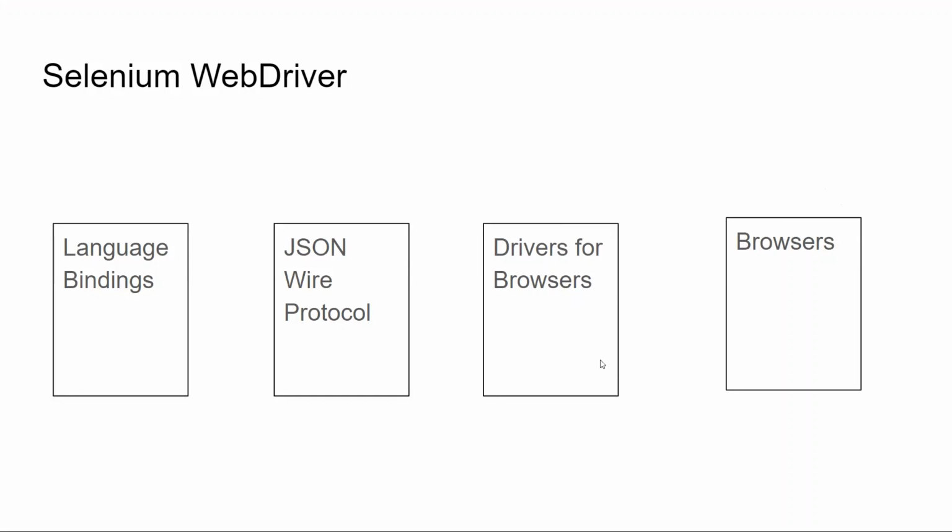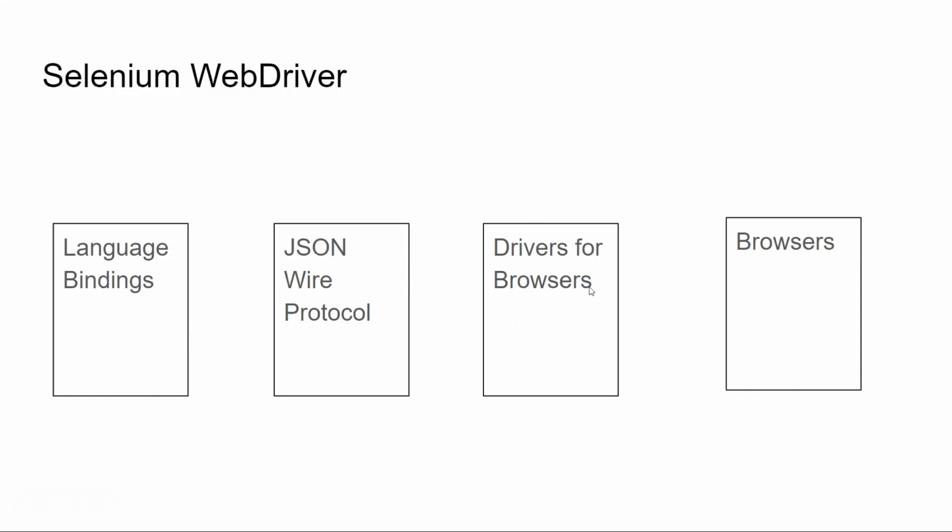So this acts as a translator between server and the browser. Right? So it uses a JSON wire protocol. Basically as a REST API over HTTP. So every statement that you are writing in your script, it is converted as a URL with the help of this JSON wire protocol. And it is transferred over HTTP to your web browser drivers, right?